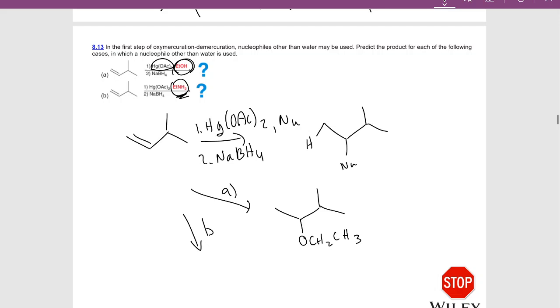So remember, in that second step, we're going to pull off a hydrogen after the nucleophile attacks, and so we're going to end up losing a hydrogen from here. So let's go ahead and draw that. The nitrogen is what is acting as the nucleophile because it's got the lone pair instead of the oxygen, and this would be our product for this reaction.